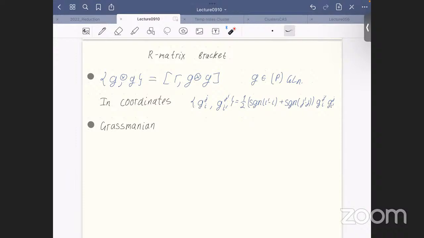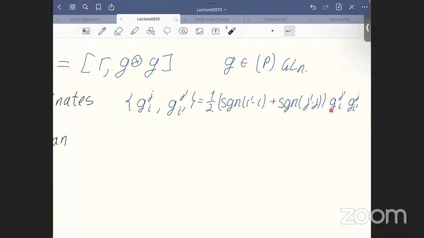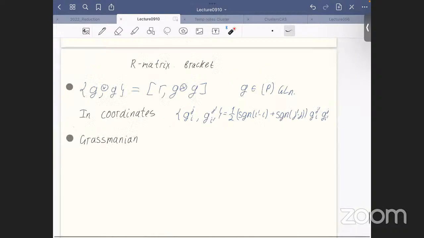In terms of the matrix elements of the matrix G, this Poisson bracket reads as follows. It is quadratic. We can take the bracket of two G's, and we obtain something like a product of two G's. But it is not cluster. So here in these two matrix elements, the indices are permuted. We have G_{I G'}, G_{I' G}, and the coefficient is equal to 1/2 of the sum of two signs.